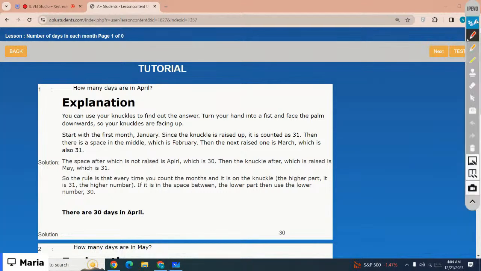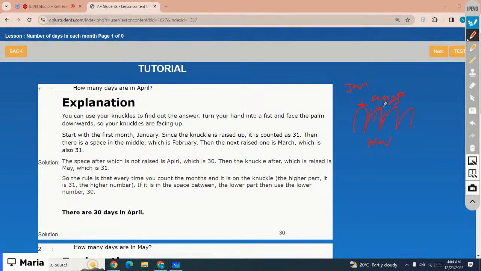Fold your fist like this, and start from the first one. Since the knuckle is raised up, it is counted as 31. Then there is a space between them. This is January, there you have February, this is March, there you have April, May, June, July.